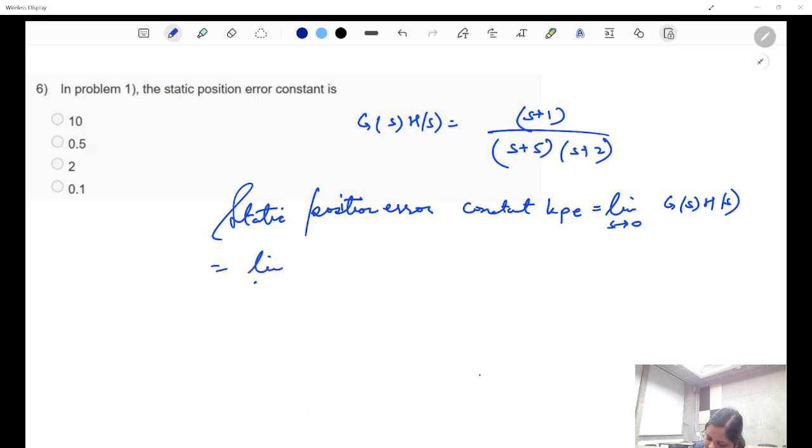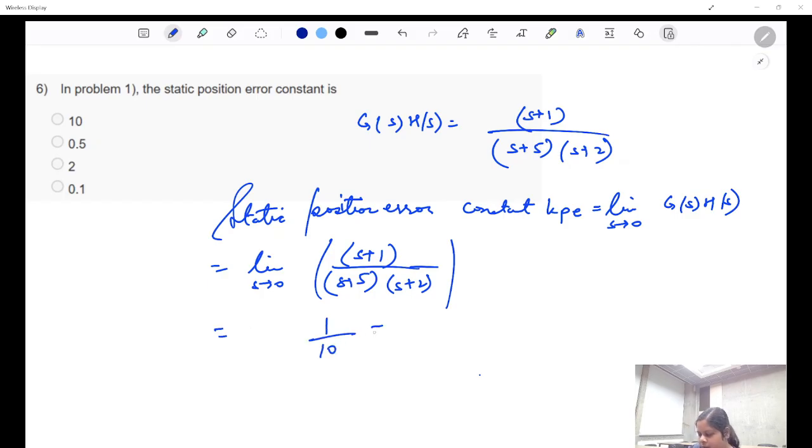Limit S tends to 0 S plus 1. Since it is a negative unity feedback, so HS is 1. So it is S plus 5 into S plus 2. Substitute the value to be 0, it's going to come 1 upon 10, which is 0.1. So your KPE is 0.1.